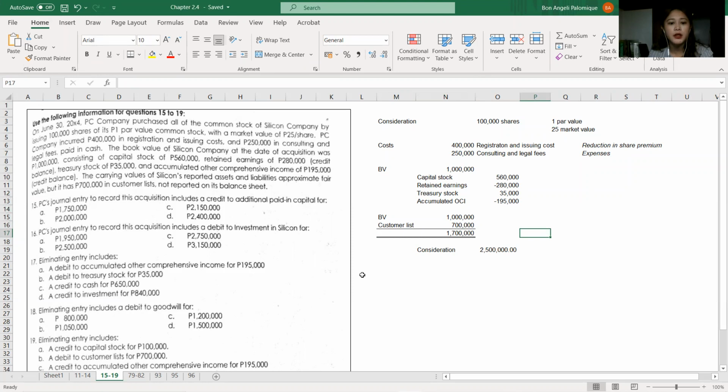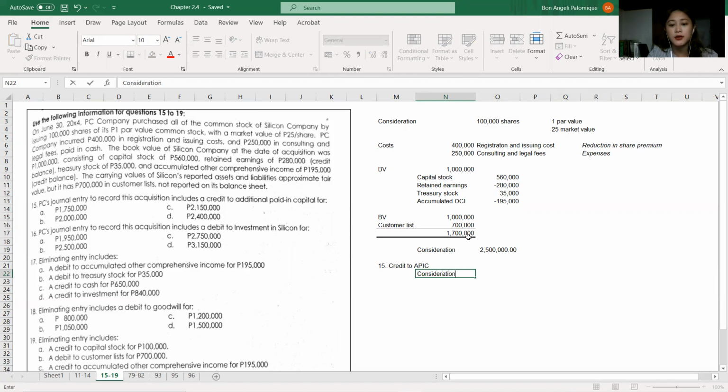Number 15. The journal entry to record this acquisition includes a credit to paid APIC of, so ang tanong niya, magkano yung credit to APIC? Okay. So, dapat medyo familiar ka na saan ba nag-a-arise yung APIC for this scenario. So, first is dahil dito sa issuance na 25 market value pero 1 lang yung par value. So, yung cost ay yung consideration itself is nagkaroon tayo ng APIC dyan.